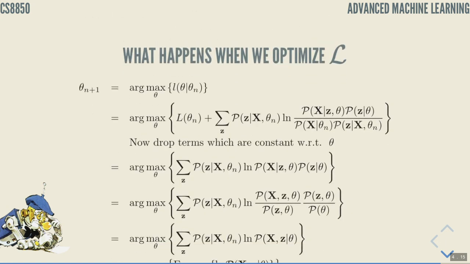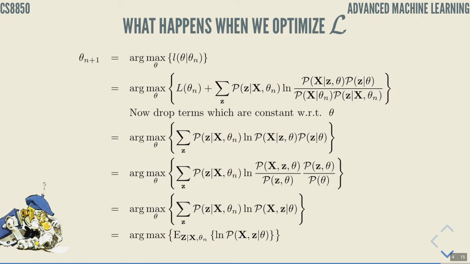So how do we do that? We maximize the lower bound with respect to theta, and again this L is the calligraphic L. So we expand the expression as we've derived it and drop the terms which are constant with respect to theta.